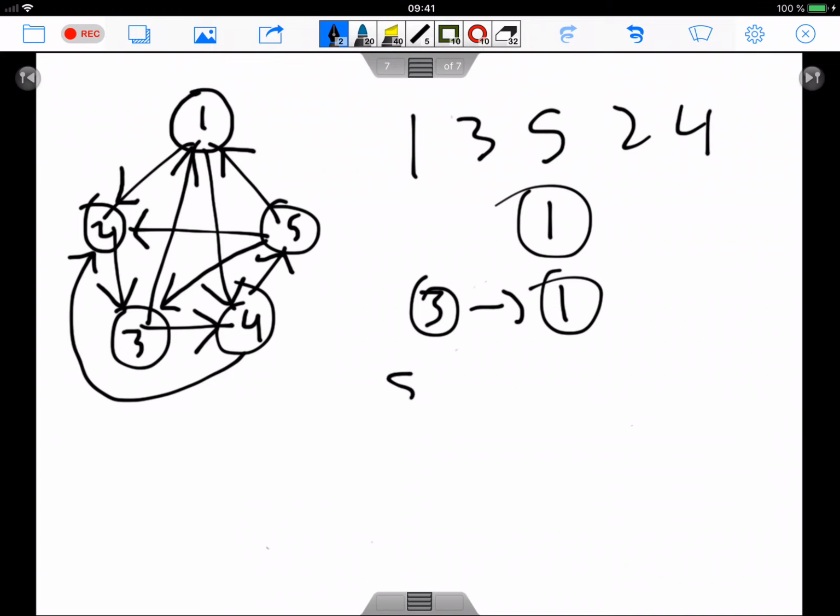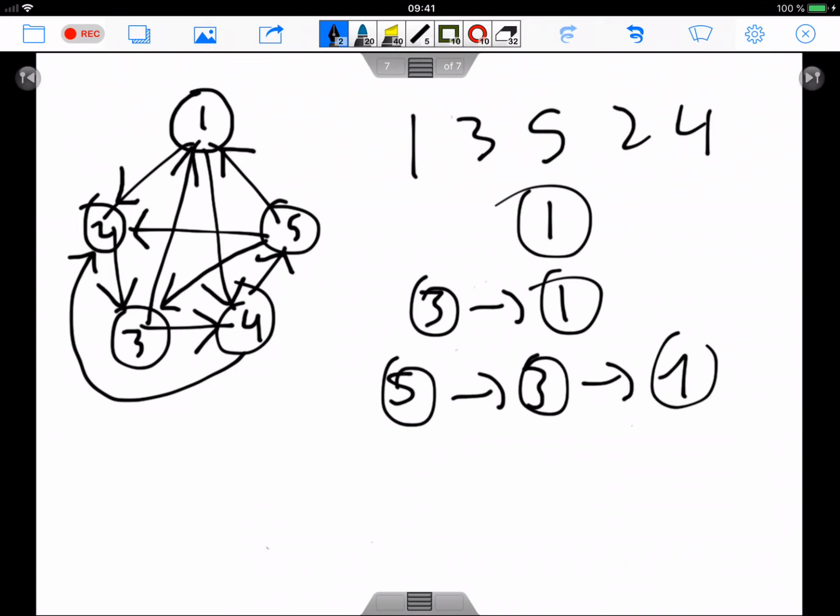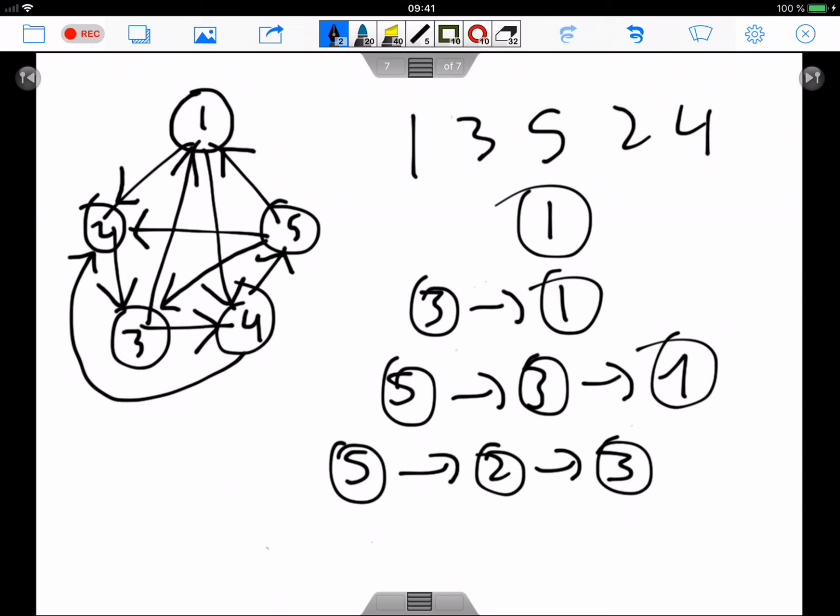With 5 I can go to 3, and then to 1. From 2 I cannot go to 5, but from 5 I can go to 2, and then from 2 I can go to 3. So I insert it between 5 and 3. And finally, the 4 can go before the 5.